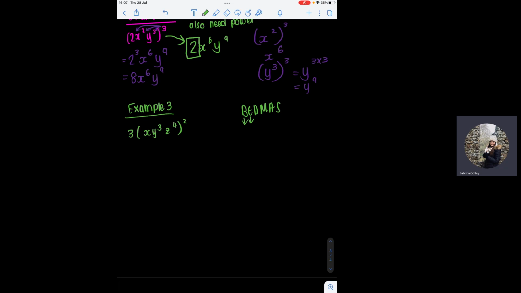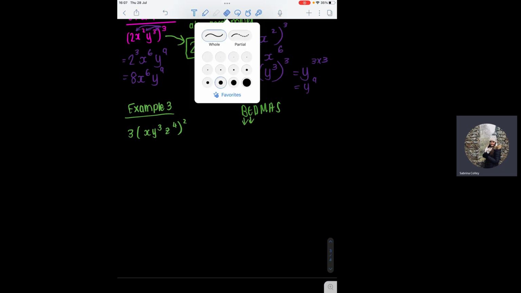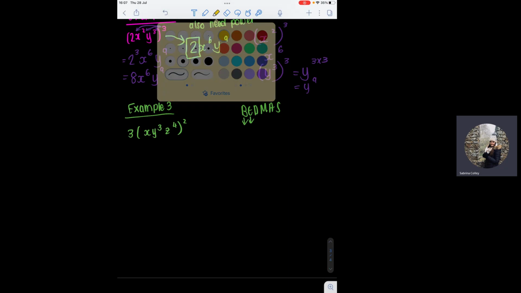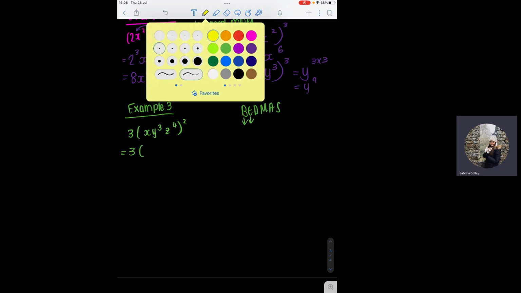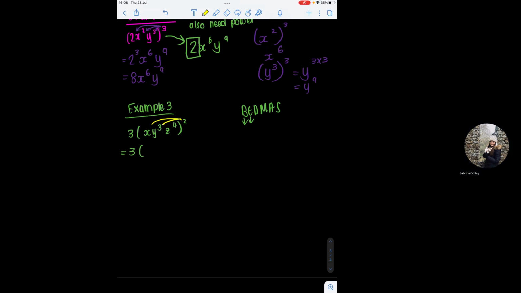This is where I do this part first. I first do the exponents, which means my 3 stays there. I'm only doing the exponent. Then I need that exponent to go to each one.